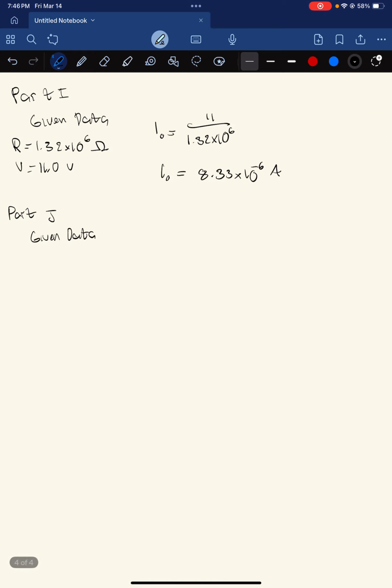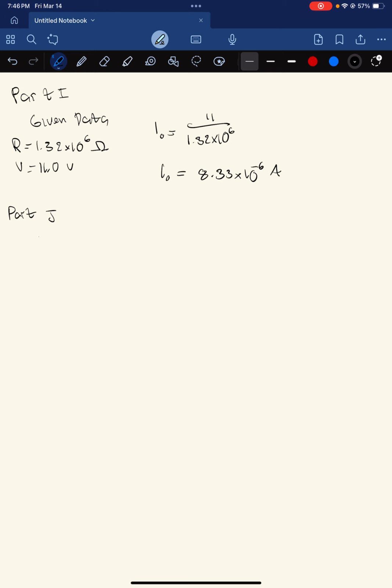It's right here as well. The initial current we know it's 5.21 times -7. The resistance, it's 1.32 times 6. The capacitance, 8.00 times -6 farads, and the time is 17 seconds. So we already have everything.